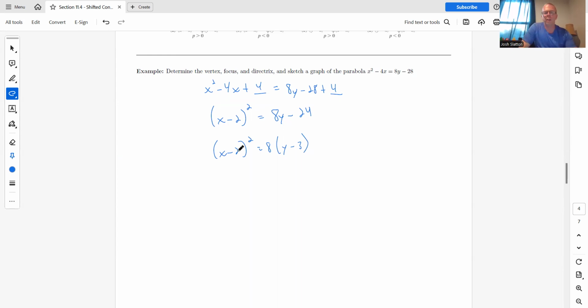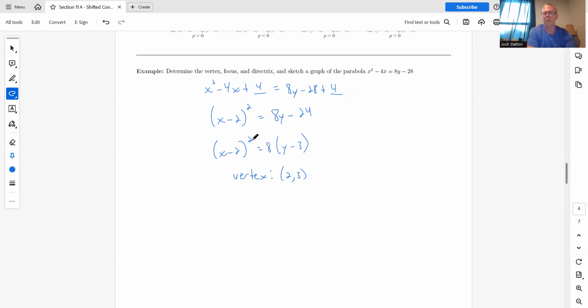And so this tells us that the vertex is 2, 3. So you change the sign on the -2 there, x minus 2, and then the y minus 3, change the sign on both of them. And so we know that this is going to open up because we have a positive coefficient there.